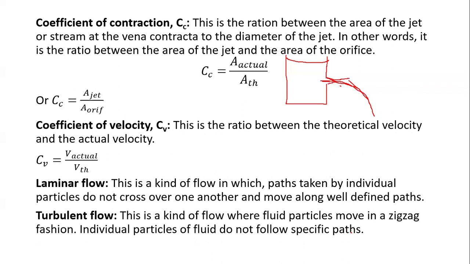They can be zigzag or disorganized. That's why it's turbulent. So they do not follow specific paths or patterns, not at all. Laminar flow is the one where you have orderly arrangement of fluid particles as they come out of the orifice or the opening, or as the liquid is flowing.